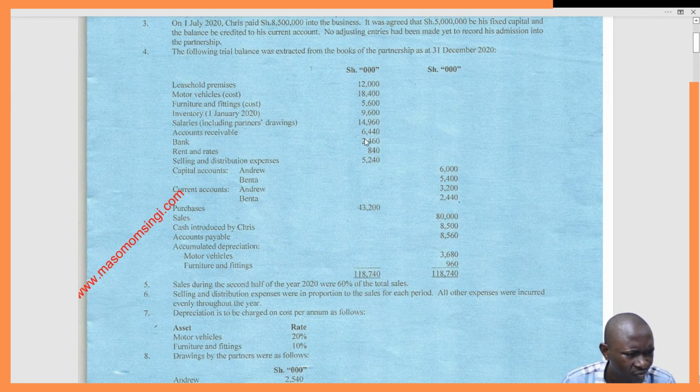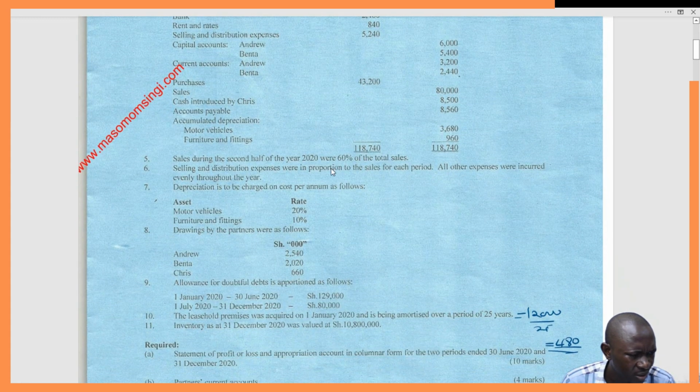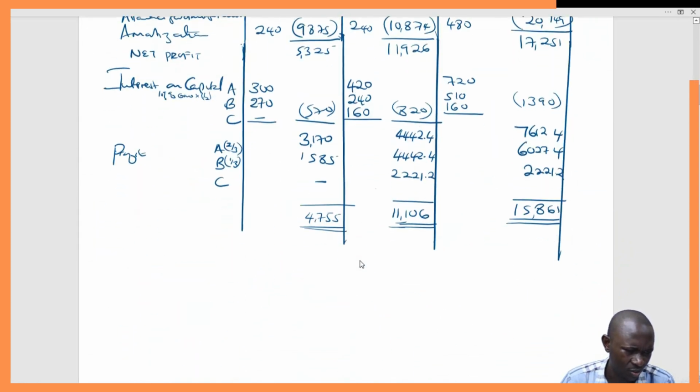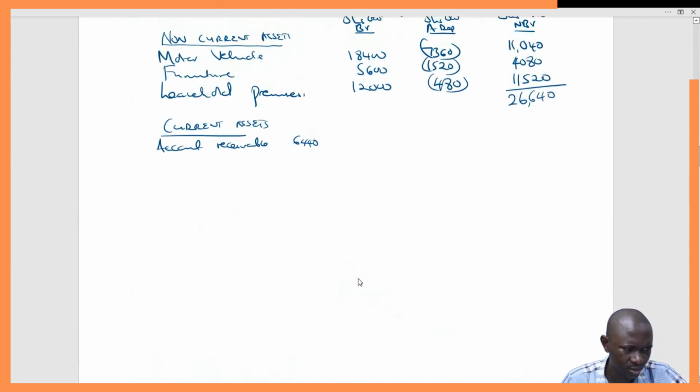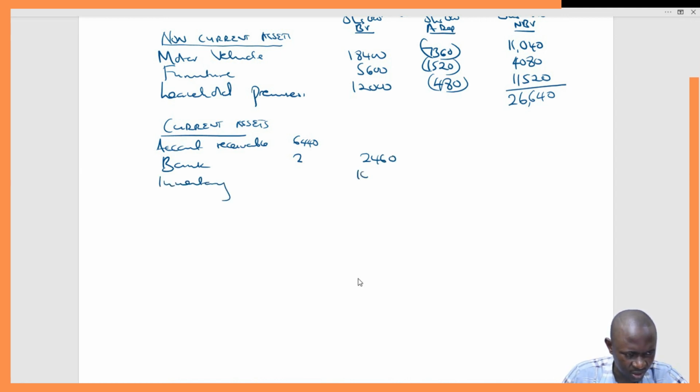Meanwhile, let's go with another one. We have bank at 2460. And inventory was 10,800. Let's go with all of them. Bank is 2460. Inventory, 10,800.